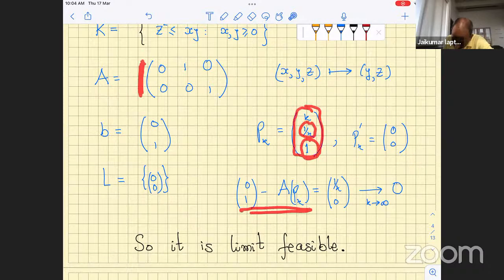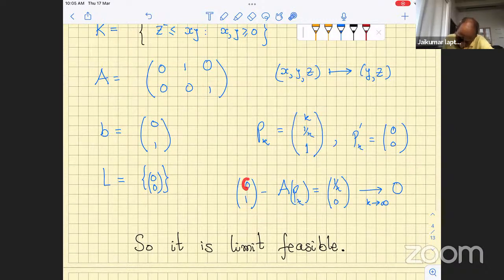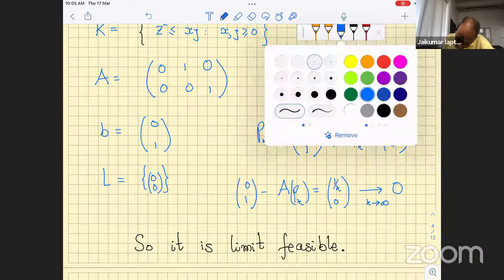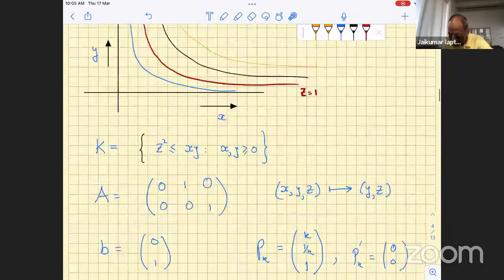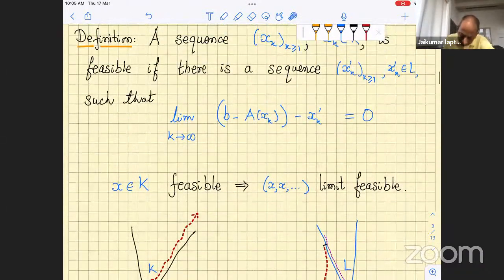So when I subtract, the 1 here and the 1 from this will cancel and give me 0. And this 0 minus 1 over k, I missed the minus sign, I think. Never mind. The point is that as I take k large, this 1 over k is going to go to 0, which is what my definition demanded.